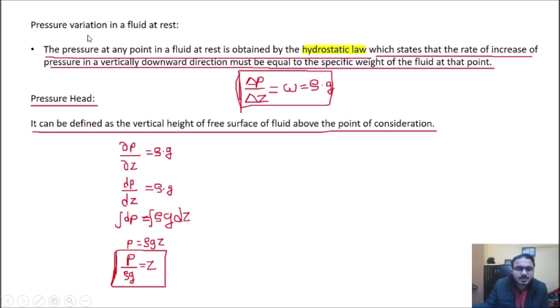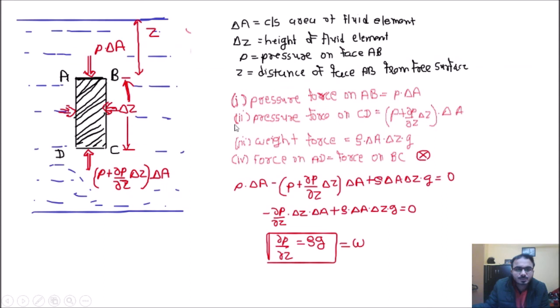The next theory is pressure variation in fluid at rest. This is actually the hydrostatic law, which states that the rate of increase of pressure in the vertically downward direction must be equal to the specific weight of fluid at that point. So here we get this formula, and we have proved it for this rectangular fluid element.